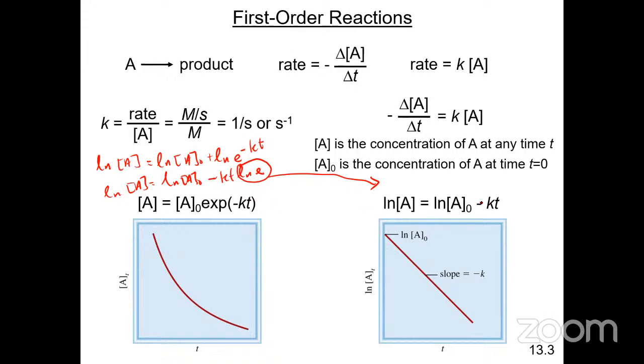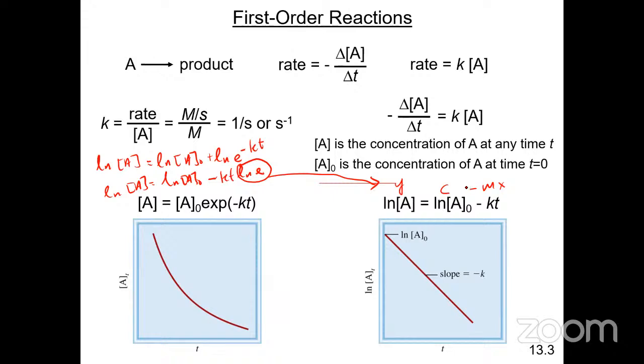And if you look at this equation carefully, you'll see that it is in the form of Y is equal to C minus MX, right? So Y would be the plot of the ln A, C would be the y-intercept, and the slope would be given by minus M, or minus K. And T, of course, is plotted on the x-axis.